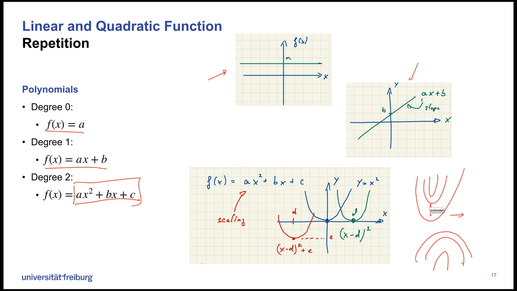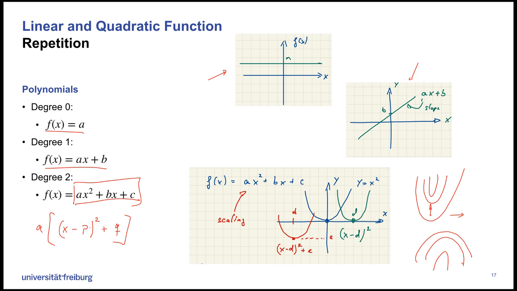In order to move, you would actually use x minus p. You move to the right by p steps. And if you move up, you have maybe some q. And if you want to scale it, then you have some factor a here.